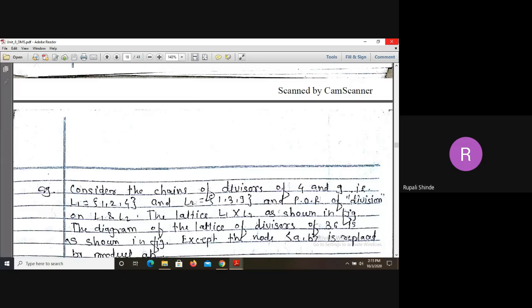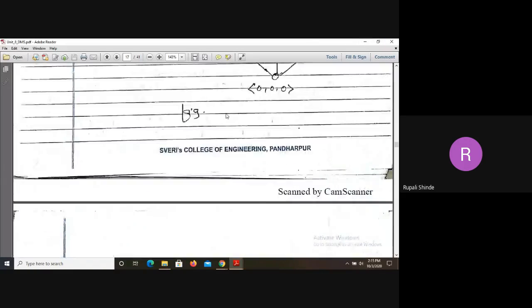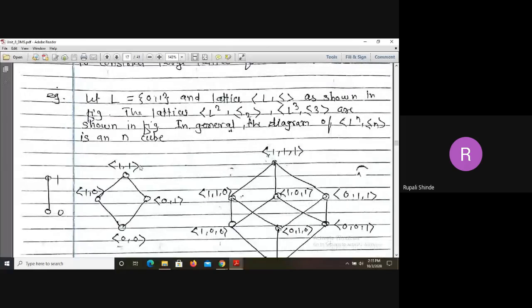How many elements will there be? In the previous example we saw that if your set L consists of 2 elements, then L square will consist of 4 elements because 2 into 2 is 4, and L cube will consist of 8 elements as 2 into 2 into 2.